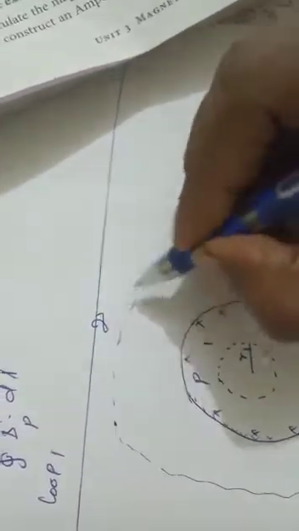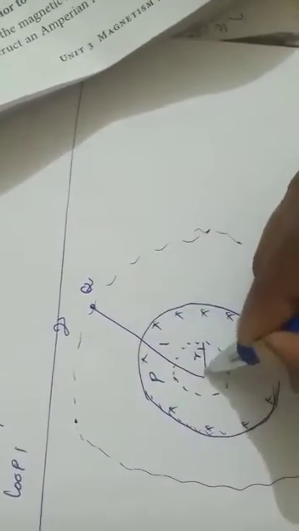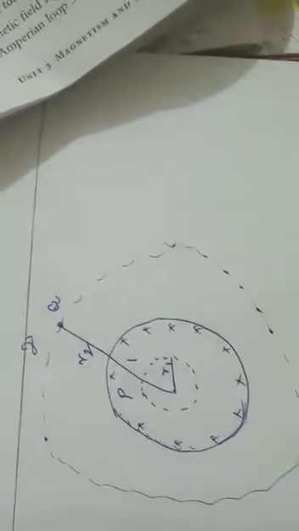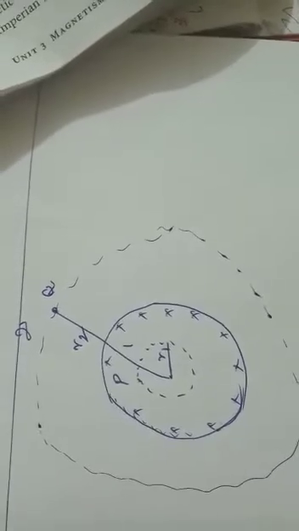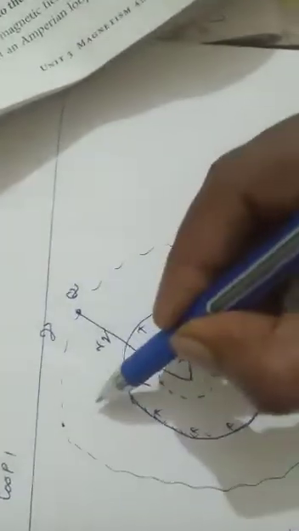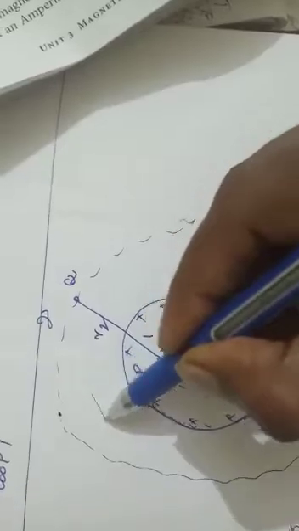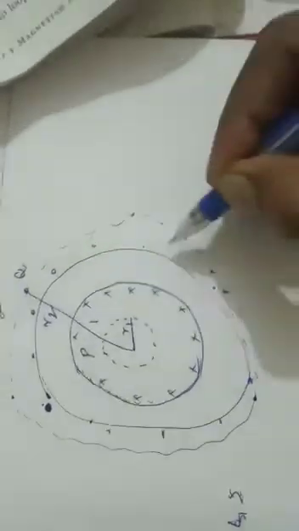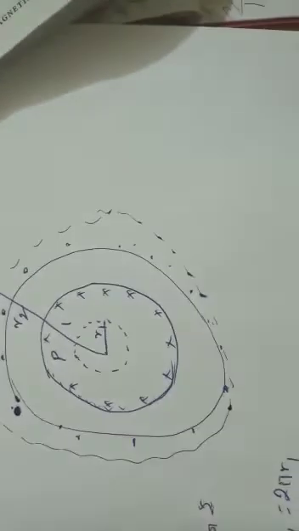In that loop, consider point Q at a radius R2. The current direction, the dot here for this upper dotted line, indicates the current will be passing out of the solenoid.